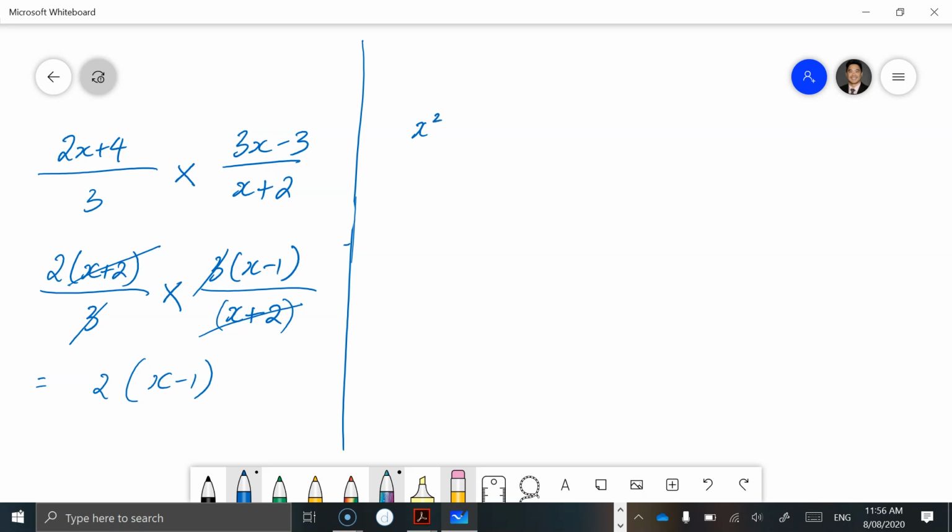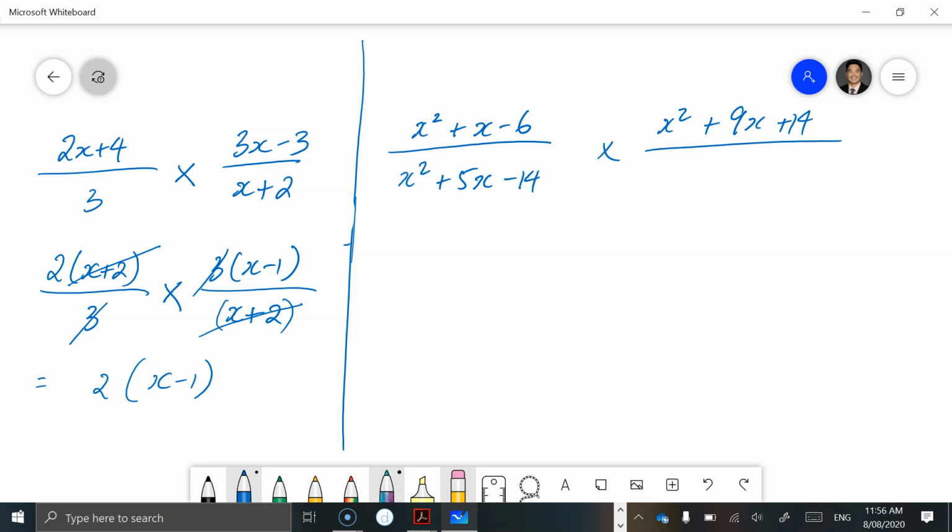So we've got x squared plus x minus 6 over, let's say, x squared plus 5x minus 14 multiplied by x squared plus 9x plus 14 divided by x squared minus x minus 12. Okay, so we've got these 4 quadratic expressions. We need to factorize each of those 4 before we simplify things.